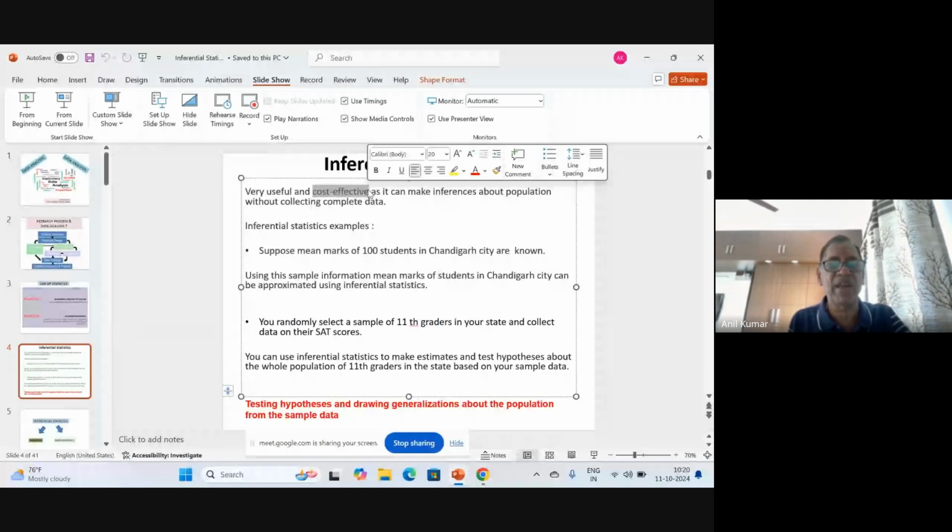Again, I am repeating that until and unless we have a representative sample, whatever inferences, whatever predictions we are undertaking will all be with wrong information. So look at sampling, then only we can say yes, the prediction is reliable, dependable, perfect as far as the population is concerned, that too based on a sample.